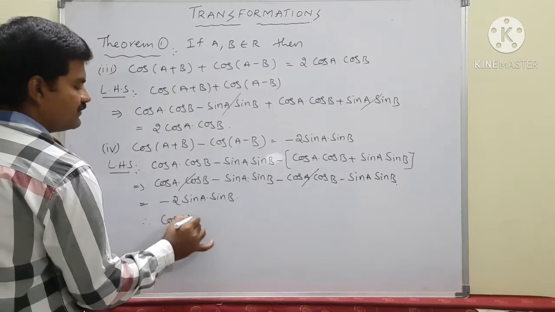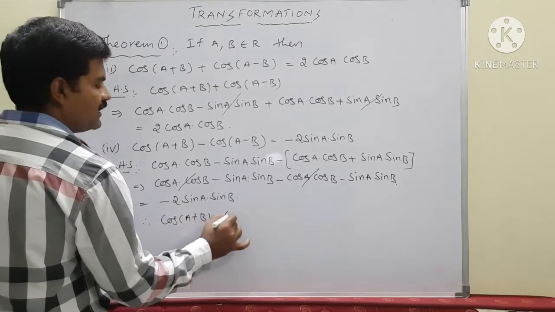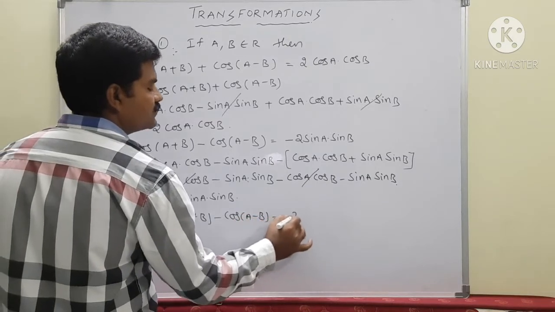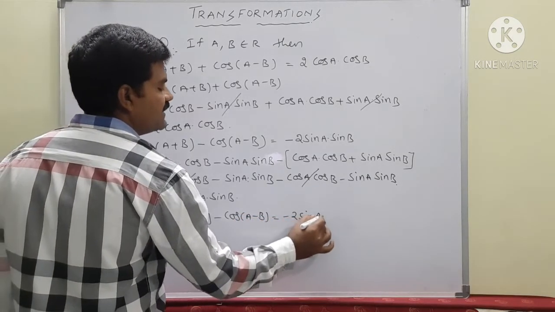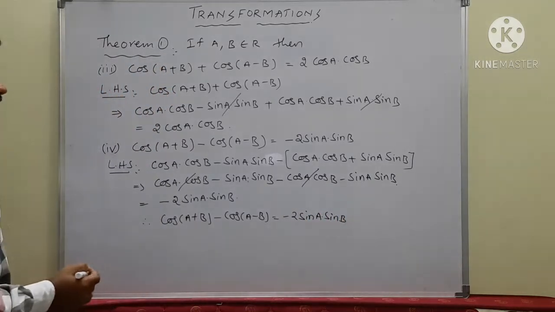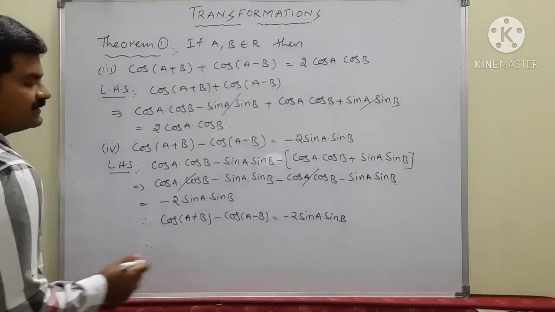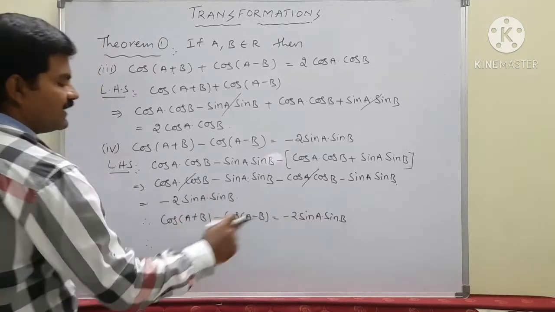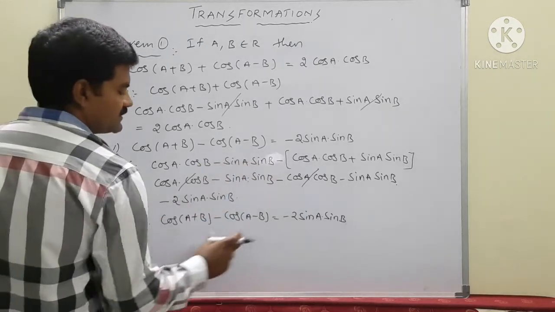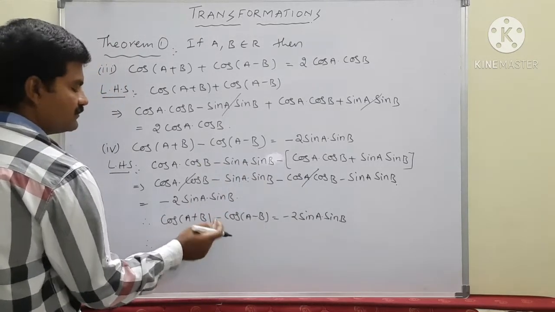So therefore cos of A plus B minus cos of A minus B is equal to minus 2 sin A into sin B. Or otherwise, the same formula can be written in another form.